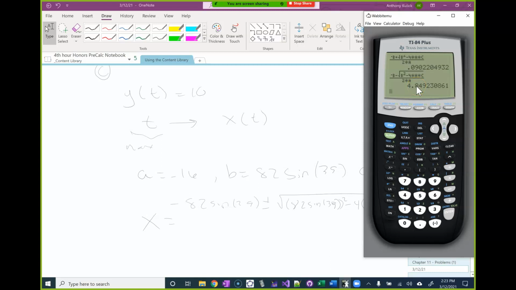Yep. You have to make sure the 2a's in parentheses also, and the whole numerator's in parentheses. I did this with the fraction command where I put in the fraction bar. That makes life so much easier. Do you guys know how to get the fraction bar? Okay. Alpha y equals is the shortcut to the fraction menu, and the first option there is that bar.